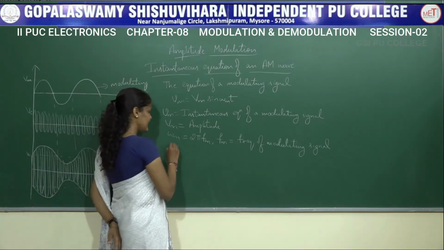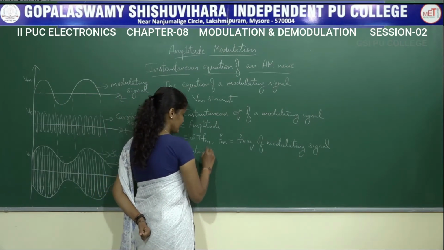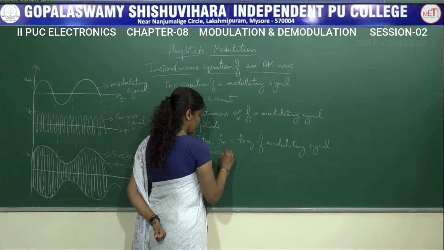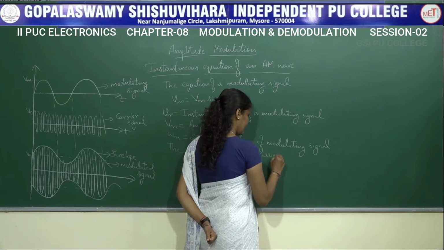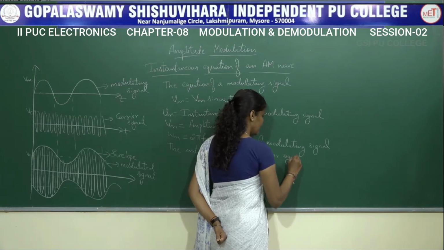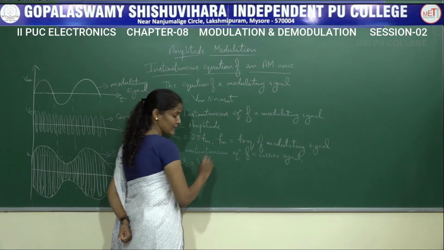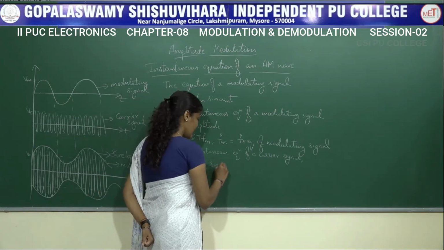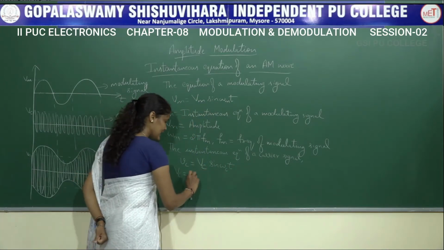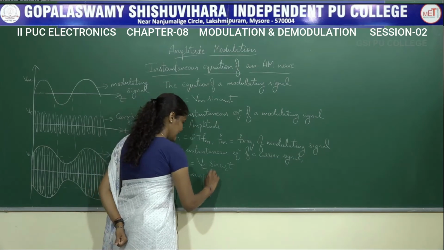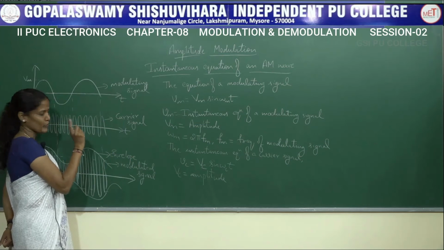Similarly, the instantaneous equation of a carrier signal is given by small vc equals capital Vc sin omega c t, where Vc is the amplitude of a carrier signal, which is constant before the process of modulation.